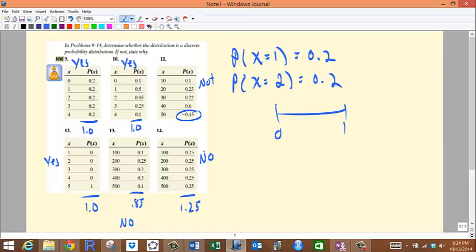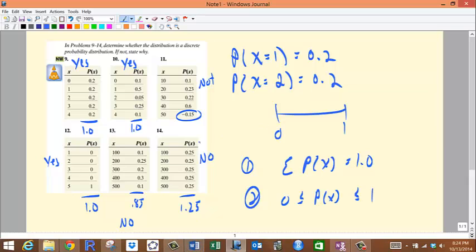So this one would be no. Okay? So at this point, you definitely should have a good idea of what a probability distribution is. So it just has to meet the two criteria. Number 1, the sum of the probabilities must add up to 1. And number 2, the probabilities must be between 0 and 1.